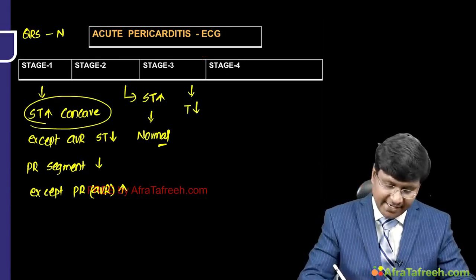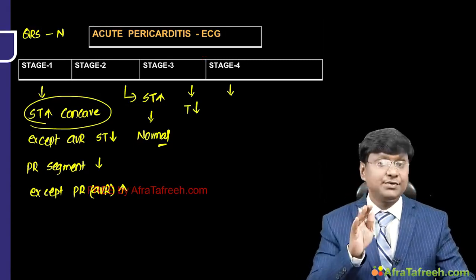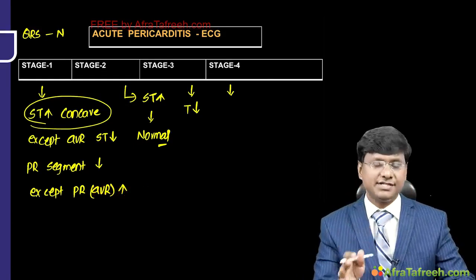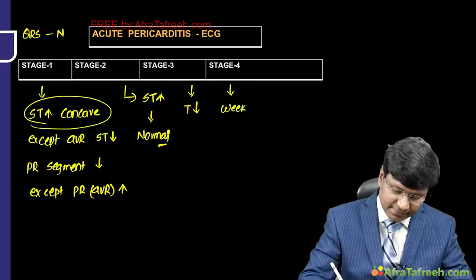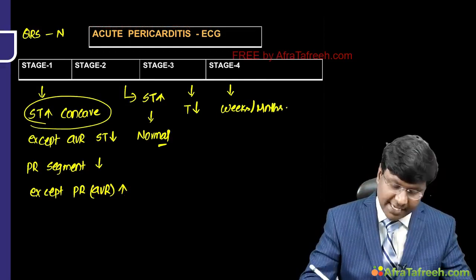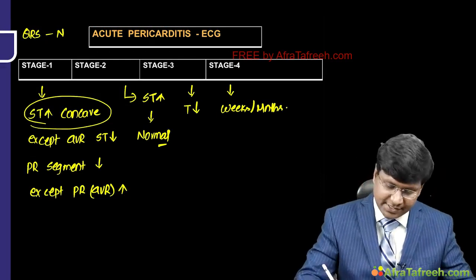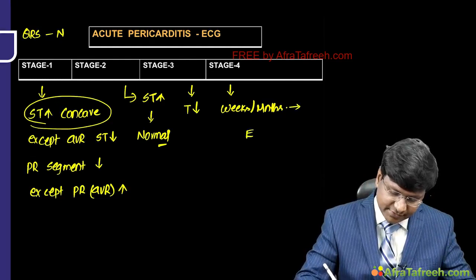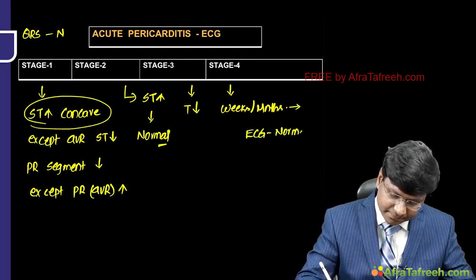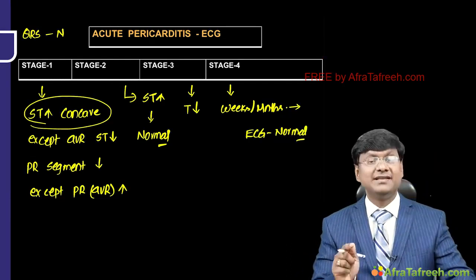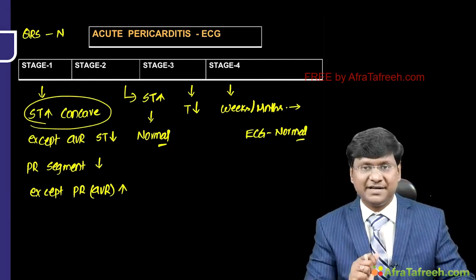And in stage 4, weeks or months after acute pericarditis, all the ECG changes return back to normal.